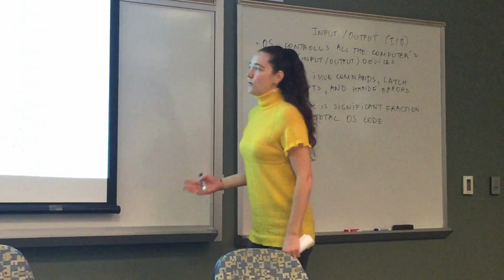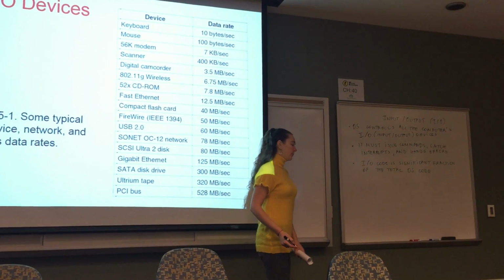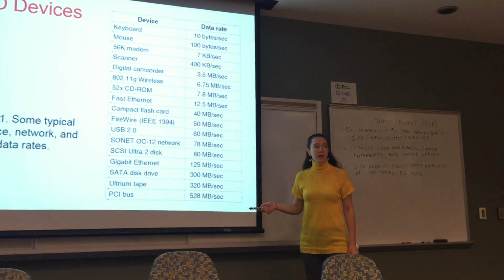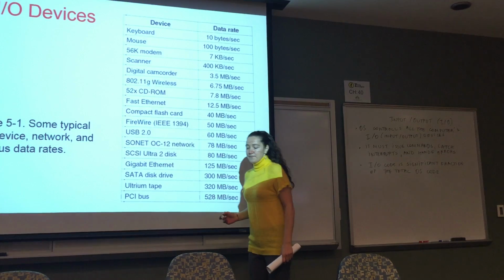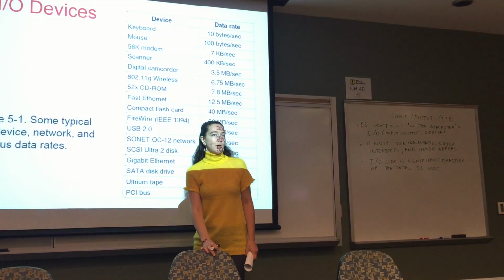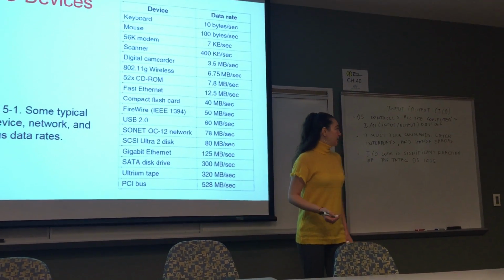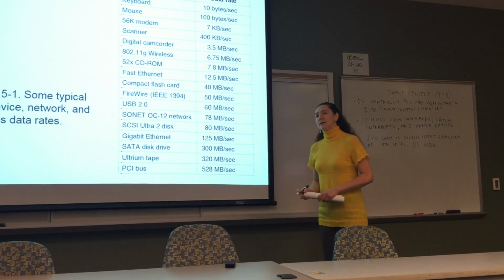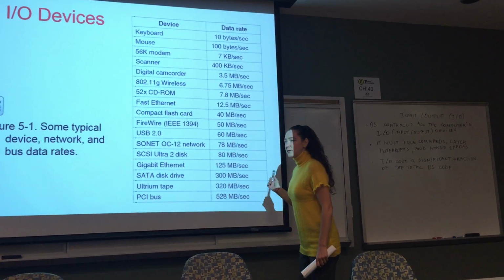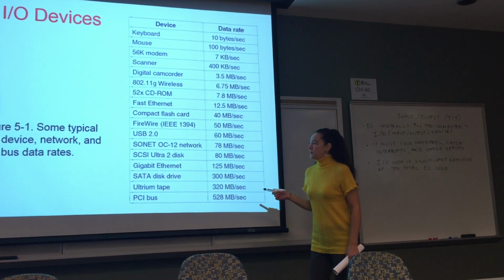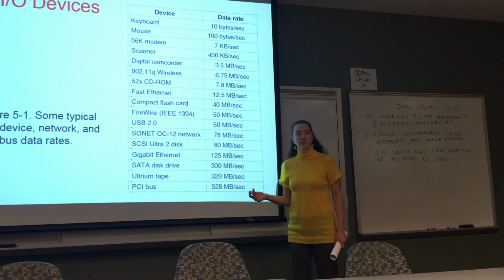We have seen before that the speed at which the CPU operates is much faster than the speed at which the external devices, or the I/O devices, operate. So when a process has to perform an I/O operation, let's say print something at the printer, by the time the printer is done printing, the CPU would have to stay idle because the printer takes so much longer than the CPU does.